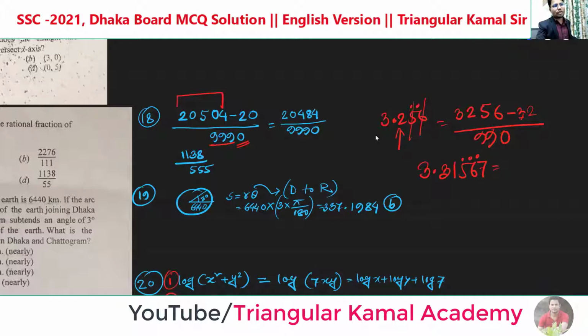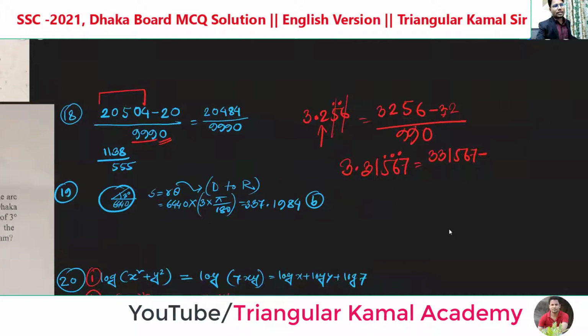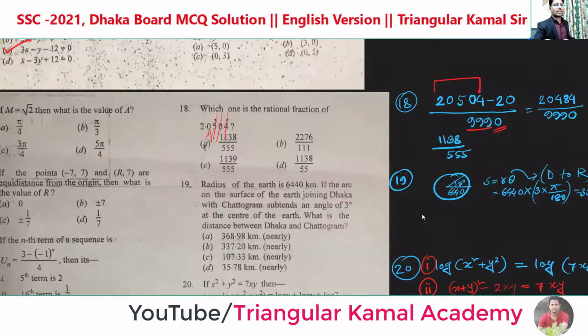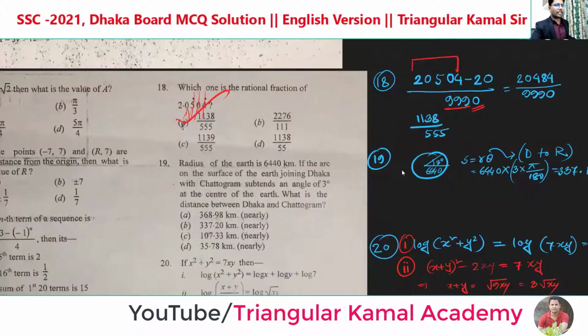So here this formula will be 331567 minus 331. This is the 331, and divided by 99900. The two decimal places without recurring, so there will be 20. Now after doing this one, you will get the final answer, which is this one, 1138 divided by 555 after doing the calculation.